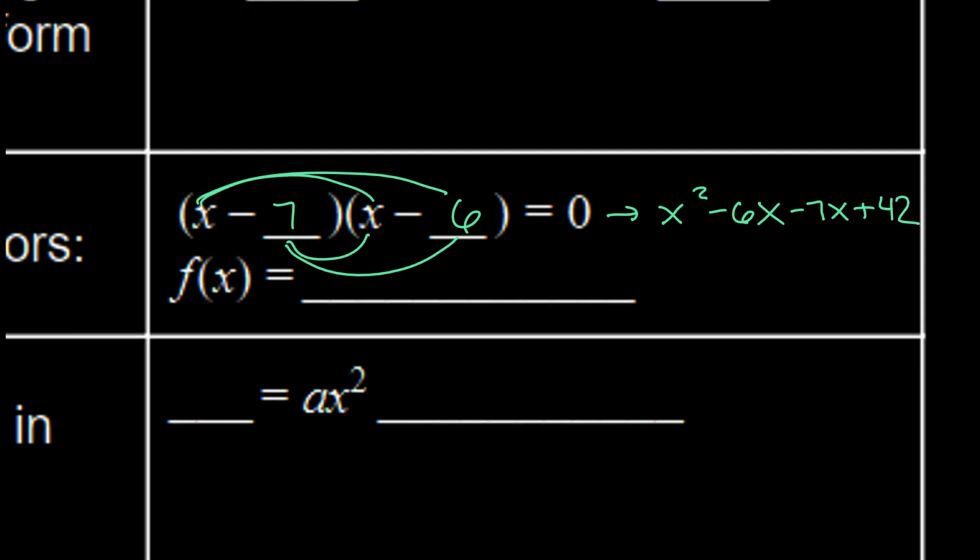So, we combine our like terms, and what do we get? And we're done. So that's how you take roots and find the equation.